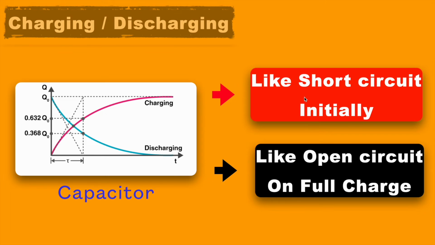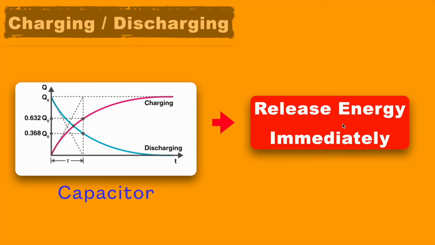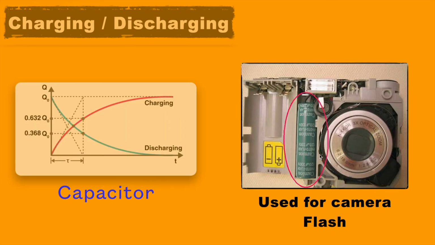Initially it behaves like a short circuit, and when the capacitor is fully charged, it blocks the flow of charge and works like an open circuit. Since the capacitor discharges very fast, or we can say it releases energy immediately, it is used for flashing in cameras.